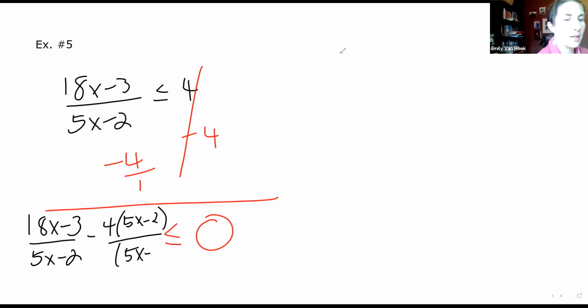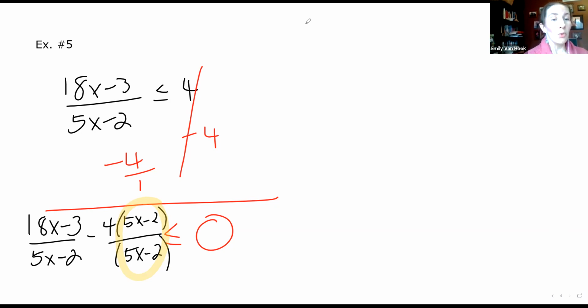Okay, wait, what just happened? Here we go. Take a look at what just happened. We worked on this in our first unit, getting common denominators when we're combining rational expressions. To combine these fractions, they both need the common denominator of 5x minus 2. So I took that 4 over 1 and multiplied the top and the bottom by 5x minus 2.